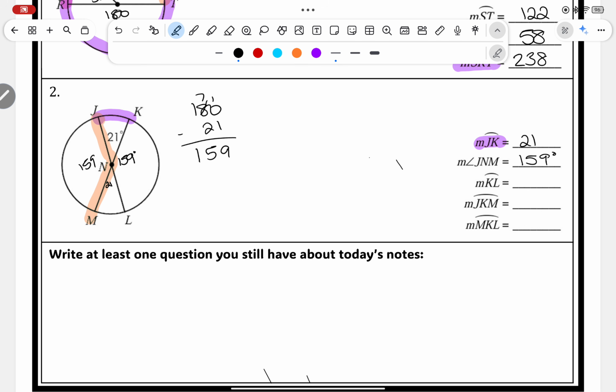KL is the next arc that I'm being asked to solve for. And because KNL is 159, KL is also 159 degrees.